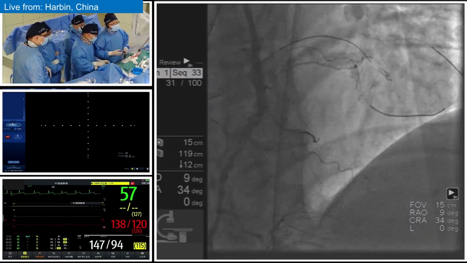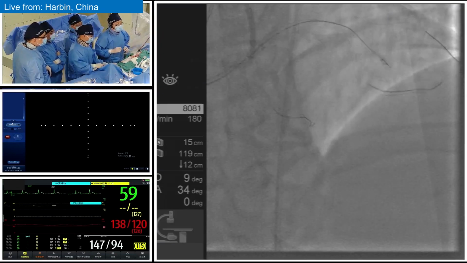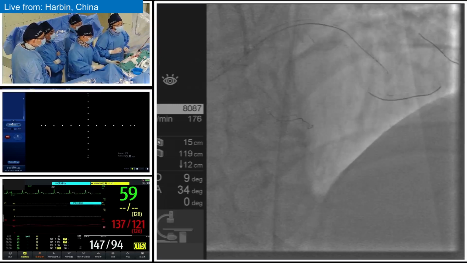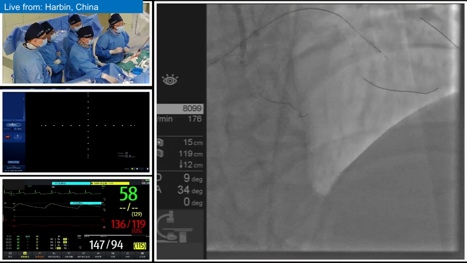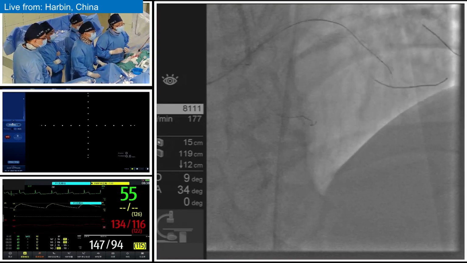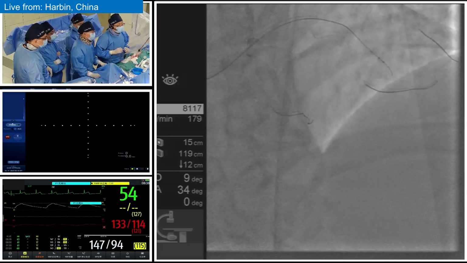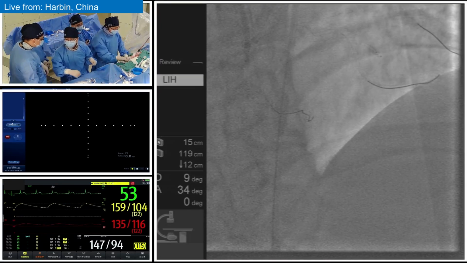I think we should advance a little bit further, because we can see from the retrograde angiography that the re-entry site might be a little bit proximal to the second diagonal, which means we could engage the Stingray balloon a little bit further to increase the re-entry success rate.